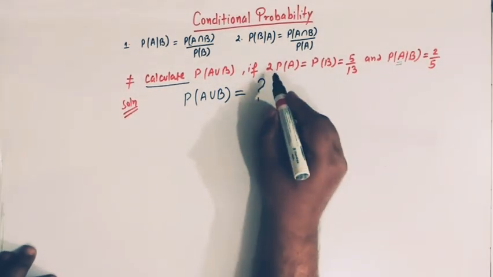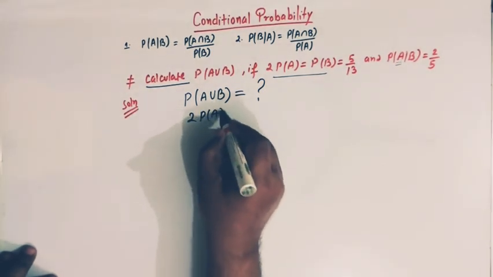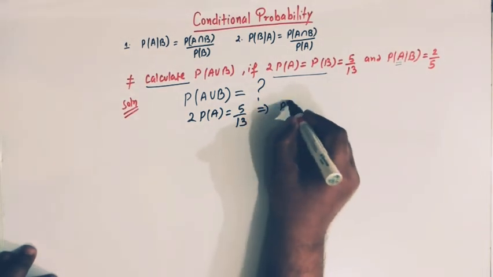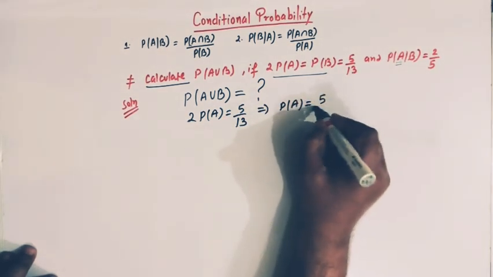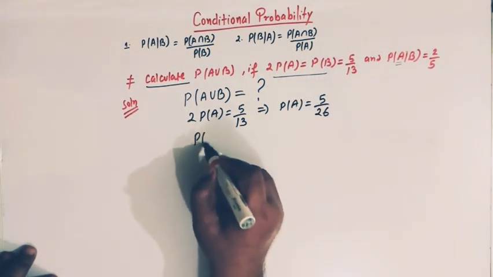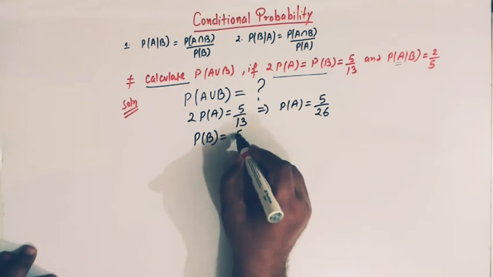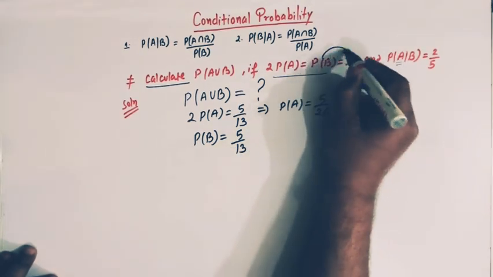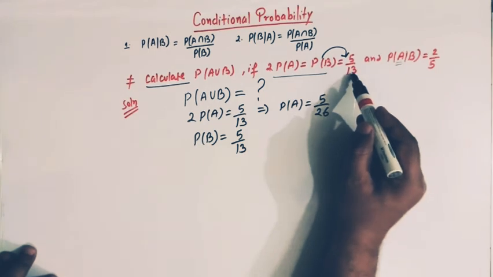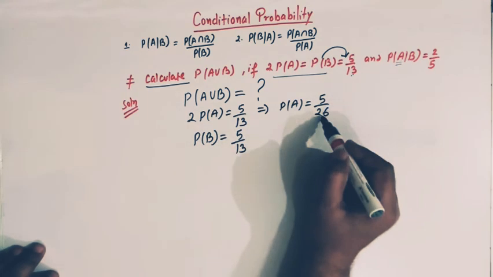So from this expression we can write 2 times the probability of A is equal to 5 by 13, that is, P of A is 5 by 26, right? Similarly, the probability of the event B is given as 5 by 13, and if we take 2 to the denominator, we'll get 5 over 26, right?